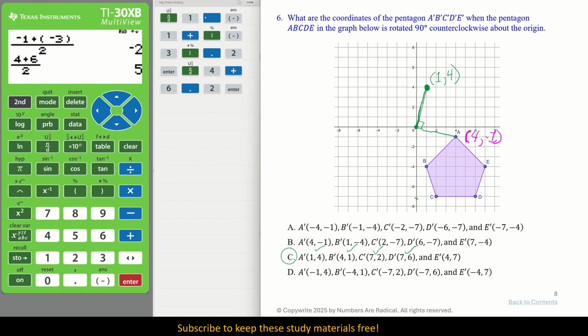Yep, that verifies option C. Just a basic 90-degree rotation. And notice I didn't use my calculator. It's just properties that we have to learn, and we have to be able to quickly understand. What I did is I just rotated one point, which wasn't difficult to do. And then once I saw what happened to the numbers, the change, I just applied that change to all the other numbers.